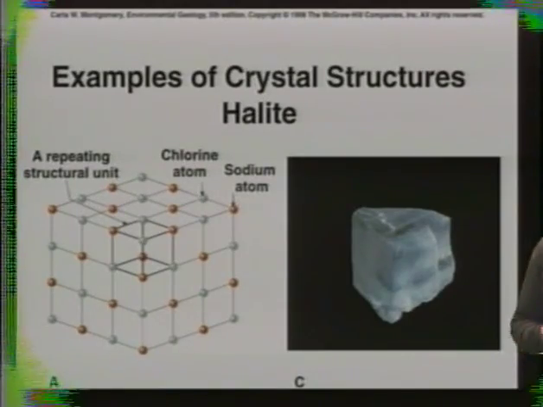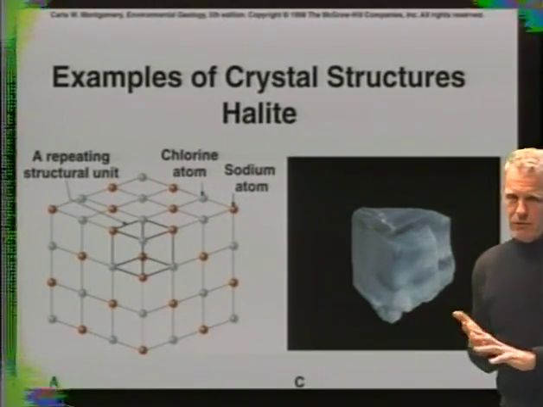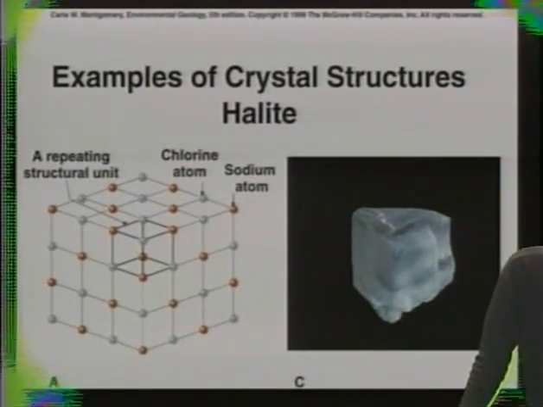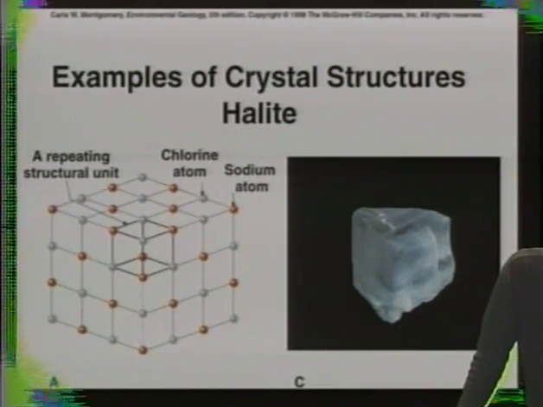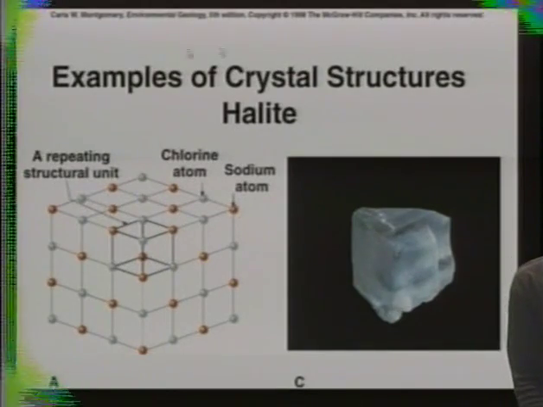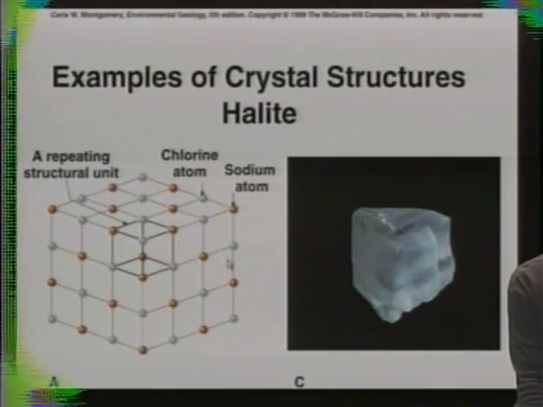So let's take a look at how we might put several atoms together. Let's take a sodium atom and a chlorine atom. We've got a little three-dimensional diagram here that shows you a particular structure of how they would go together. Notice that the bonding angles create little cubes in that case.